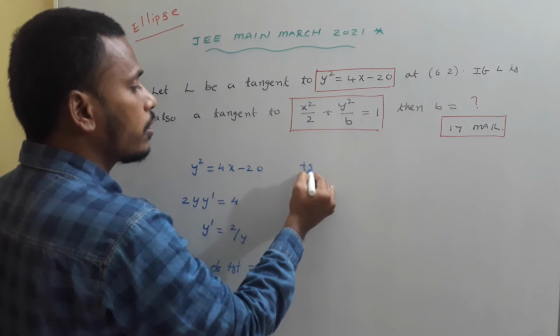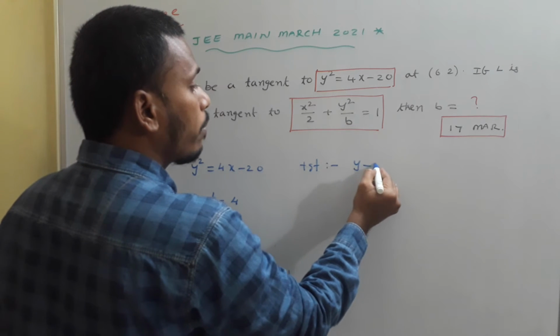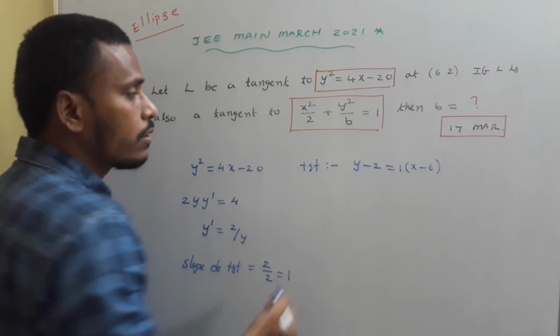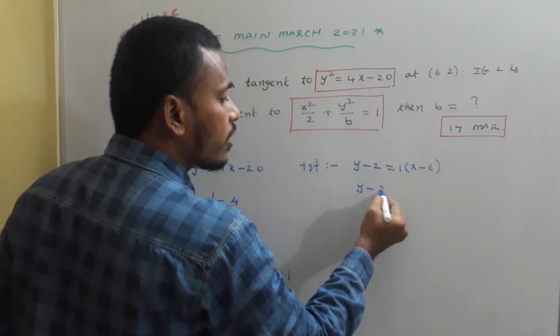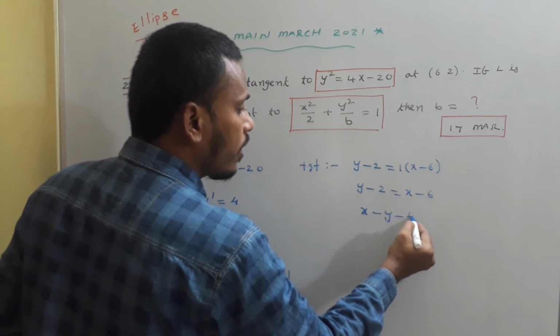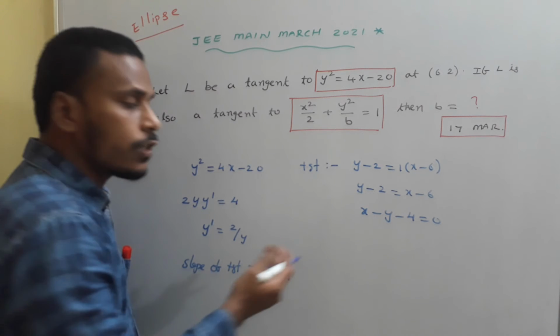Now the tangent for the parabola at the point: y minus 2 is equals to 1 into x minus 6. If you simplify, y minus 2 is equals to x minus 6 and x minus y minus 4 is equals to 0.